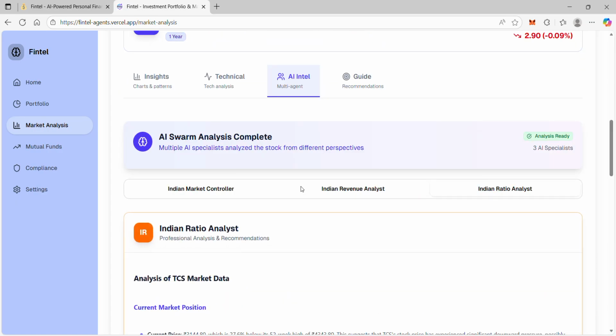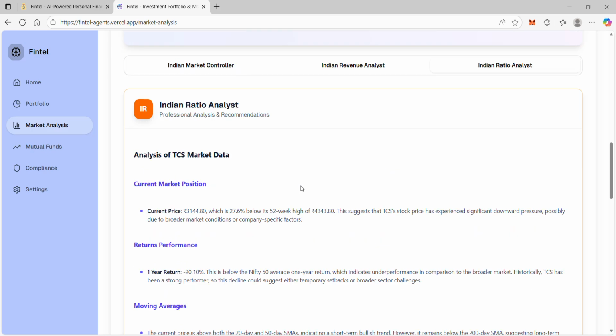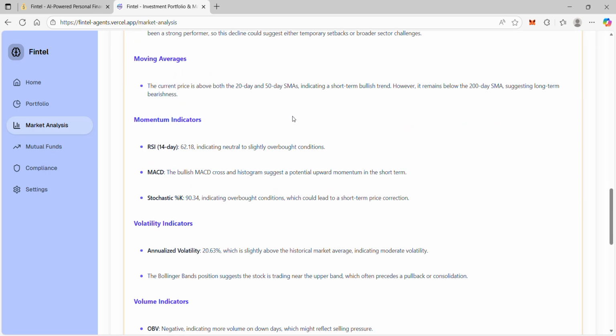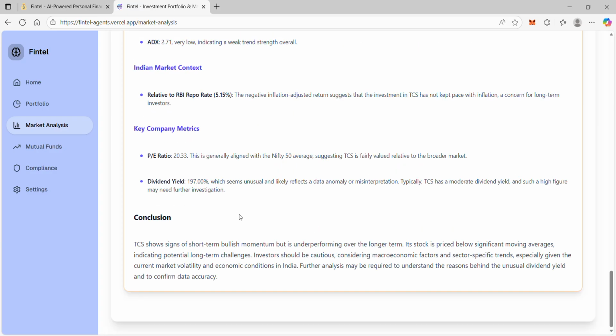Talking about the third agent, the Indian ratio analyst, it provides the analysis of TCS market data with respect to the P/E ratio. It shows some signs of short-term bullish movement, but it is underperforming over the longer term.